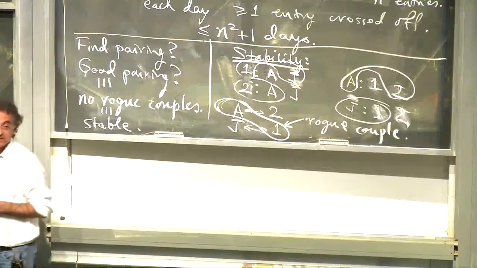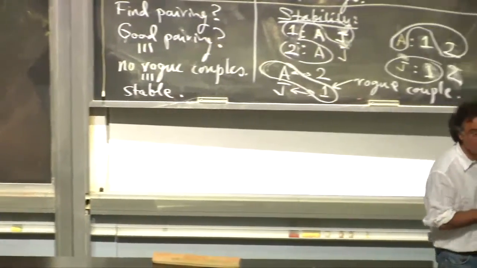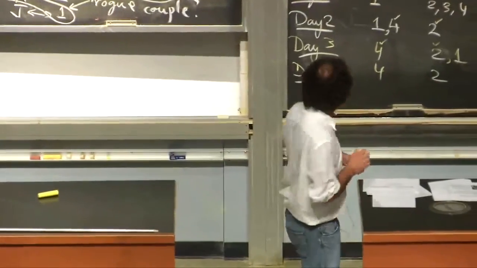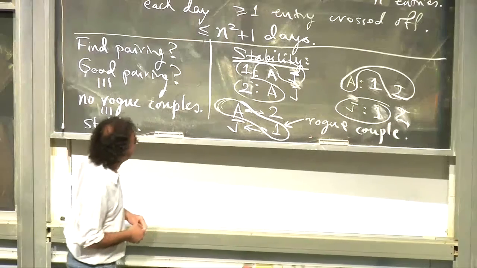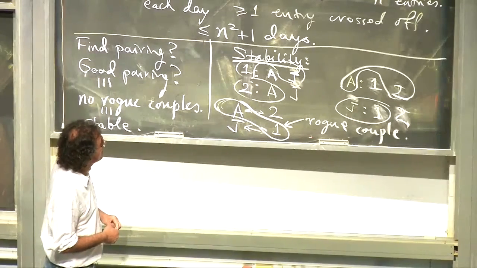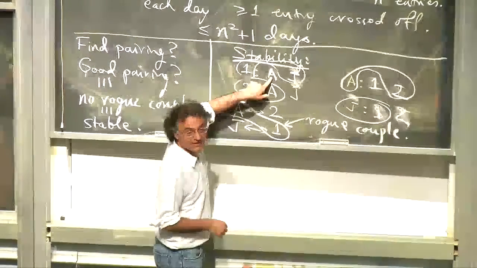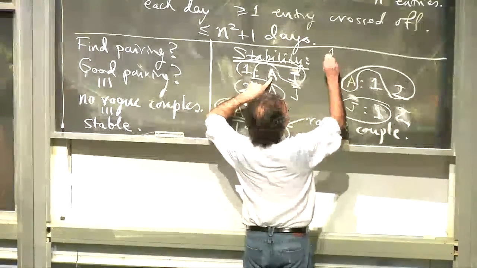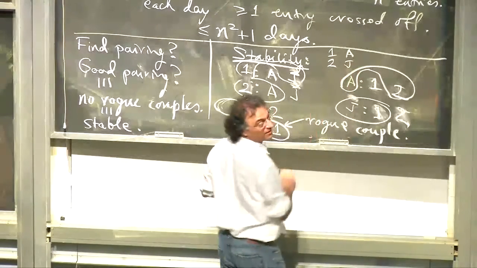Even in that case, can we have a stable pairing? Oh, yes, sure. In this case, there should be a stable pairing. As soon as you pair one with A, everything's stable. So if you have 1 with A, and 2 with J, that's a stable pairing.